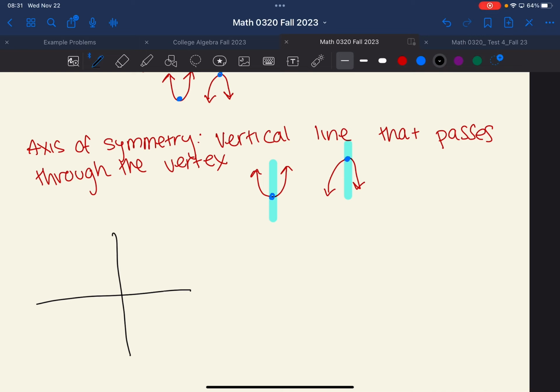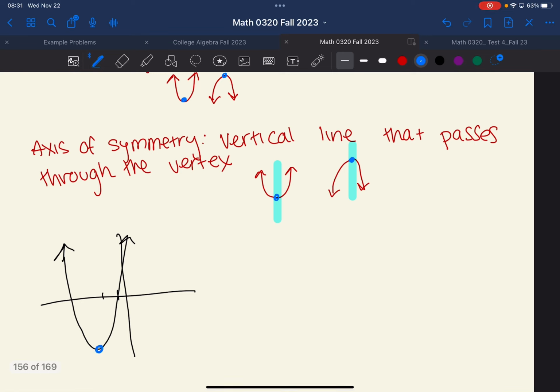Notice how it is a parabola that is facing up. Our vertex is that point at the bottom. The axis of symmetry goes through that vertex, which is at x equals -2.